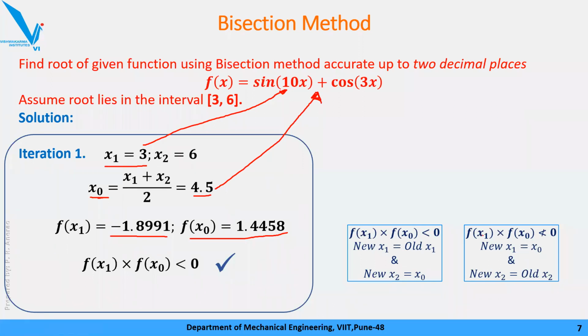If this condition is not satisfied, that means it is greater than 0, then new x1 is x0 and new x2 is nothing but old x2. So for the next iteration the interval is between 3 and 4.5.